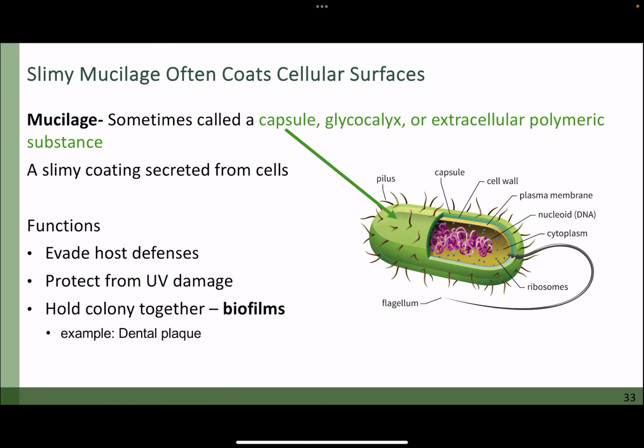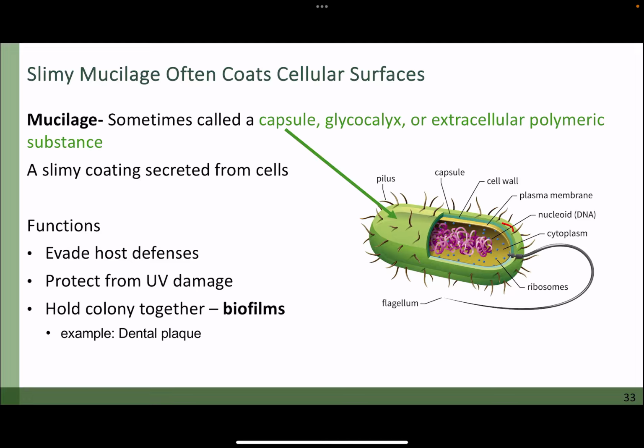So I've mentioned the mucilage just a couple of times. This comes by a couple of different names depending on the textbook you're looking at. Most often, if it's not called a mucilage, it's going to be called a capsule or a glycocalyx. And again, this is just the structure that is on the outside of the membrane and the cell wall. It has a few different functions.